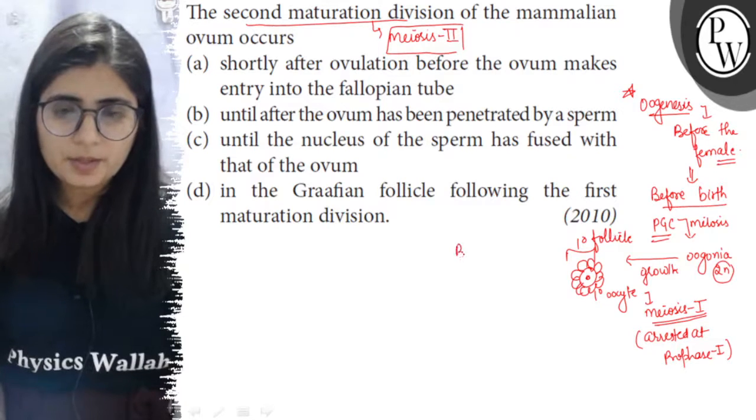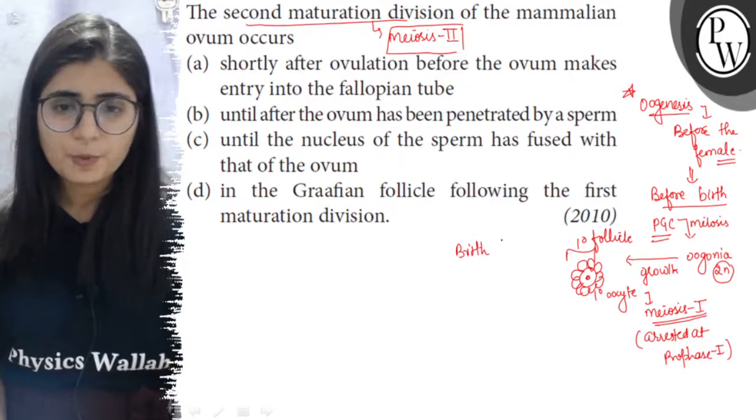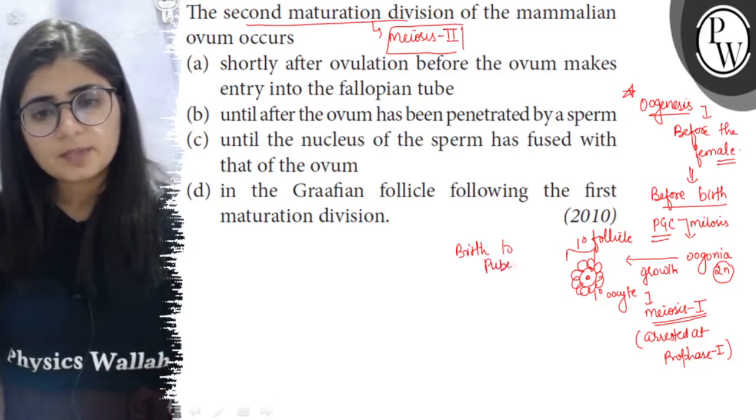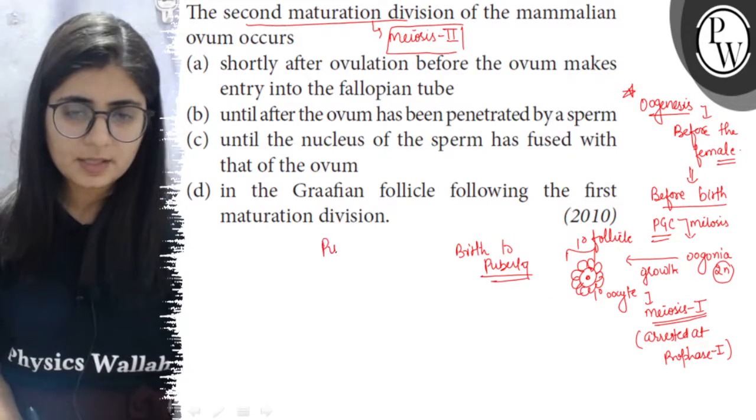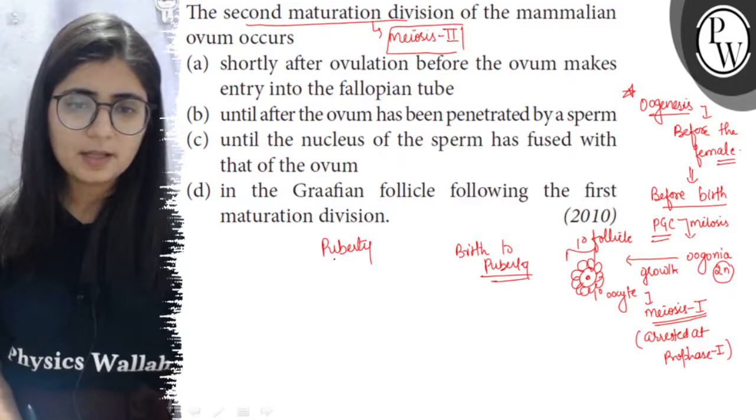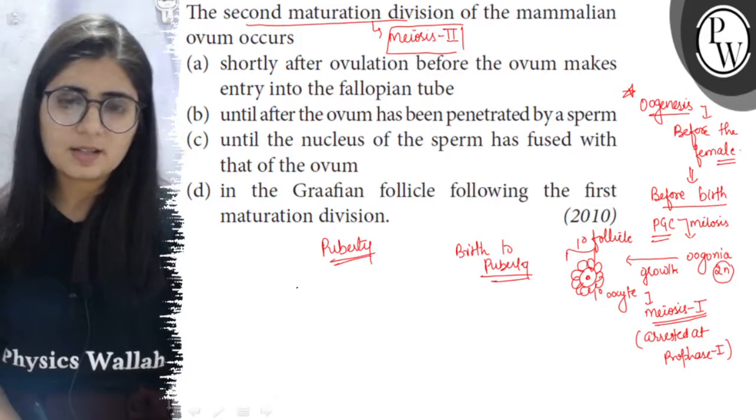Now from birth to puberty, many of the follicles degenerate, and when the female reaches the age of puberty, these follicles start their development.